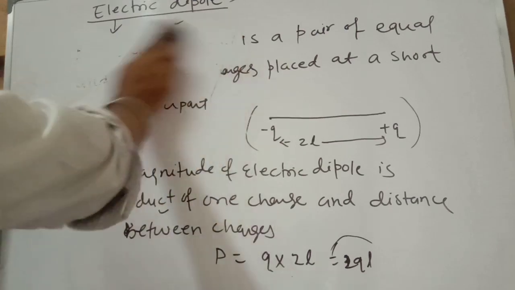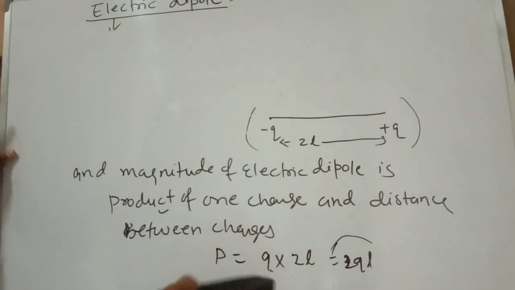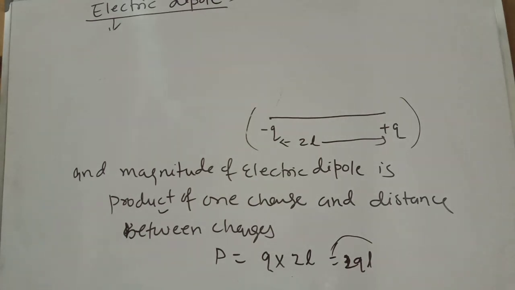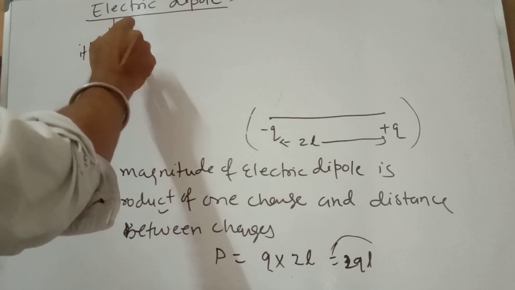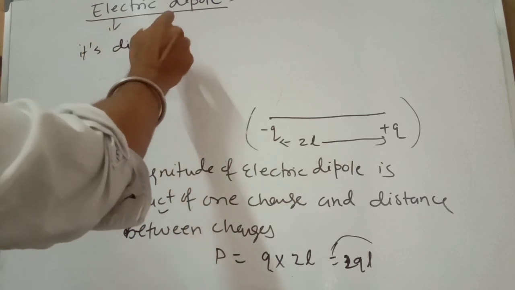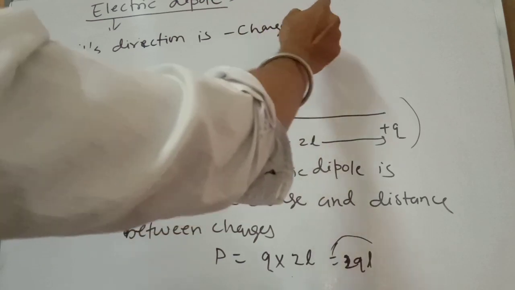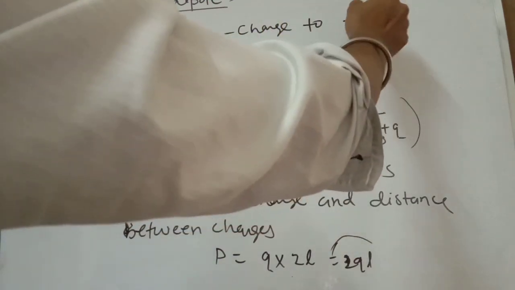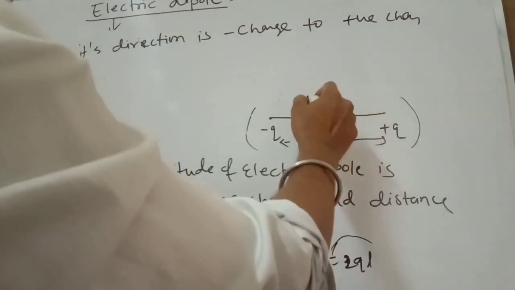Now, it is a vector quantity. What is the direction of electric dipole? Its direction is from minus charge to positive charge.